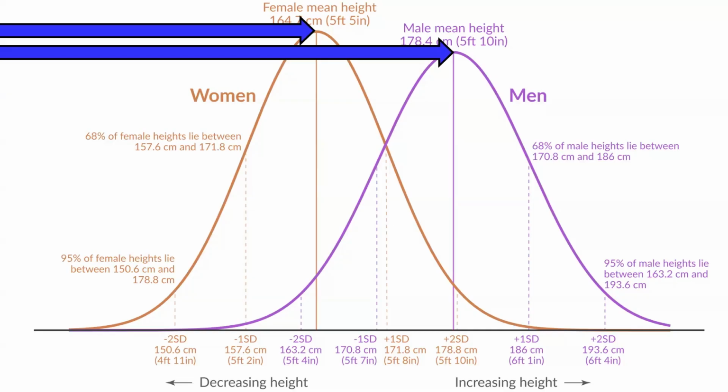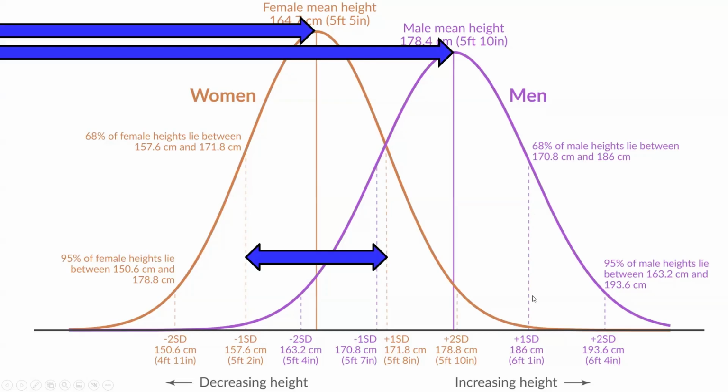So if we take a look at the standard deviations of this curve, this is the mean right here, and then this dotted line here is 1 standard deviation below the mean, and this dotted line here is 1 standard deviation above the mean for the female curve. If we take a look at the spread between 1 standard deviation above and 1 standard deviation below, just to give us a graphic image of how spread out this curve is, we can then compare it to the male height curve here.